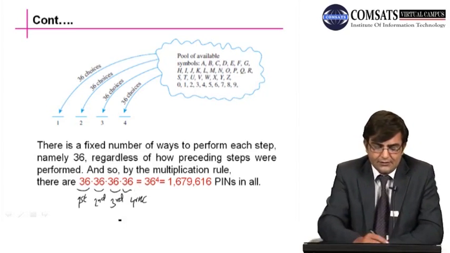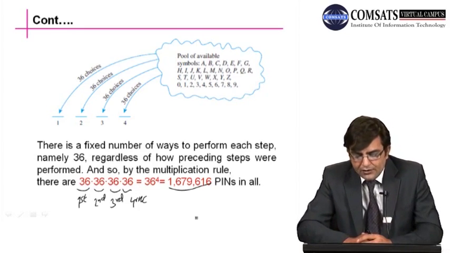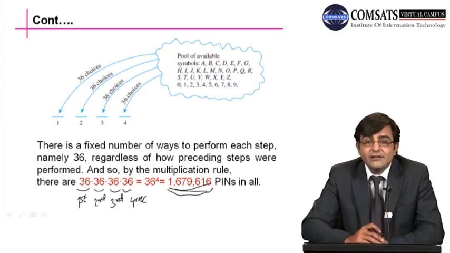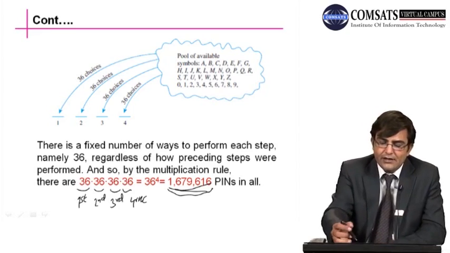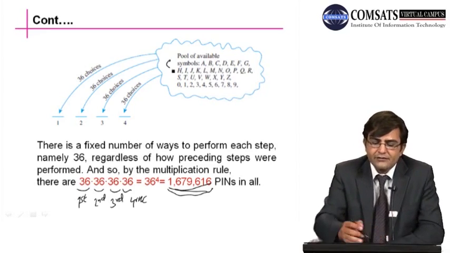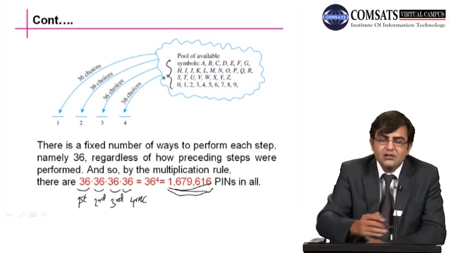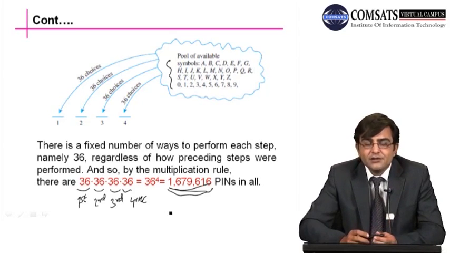This is basically 36 to the power 4, which is a very large number. So we have this number of possibilities in which we can choose a personal identification number. The pool of available symbols is given here. Each position has 36 choices. So this is basically the multiplication rule which gives us the solution to this problem.